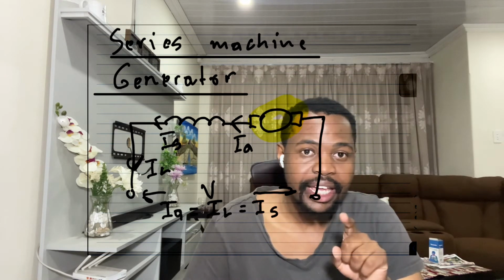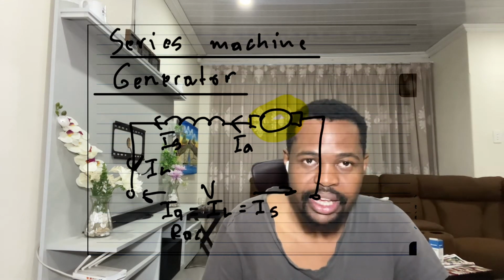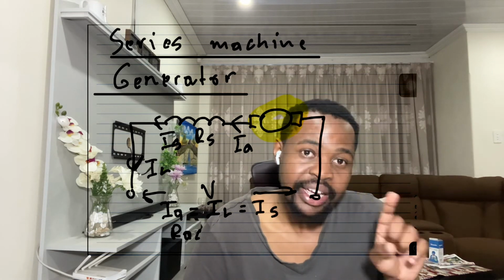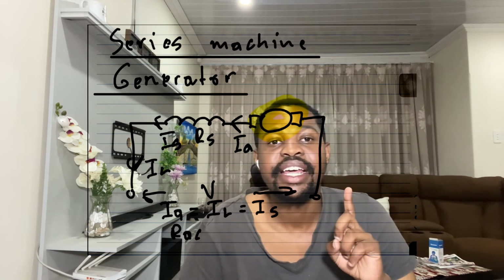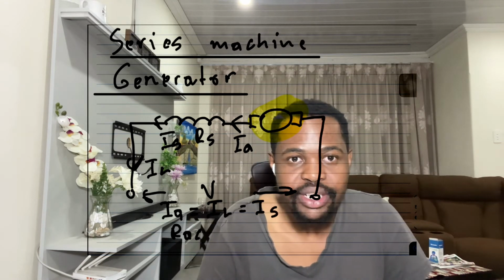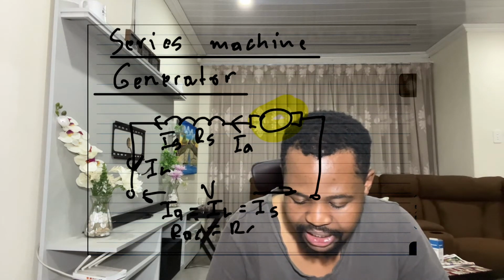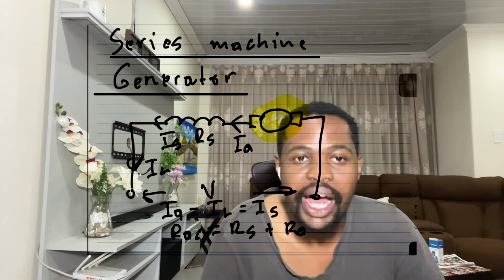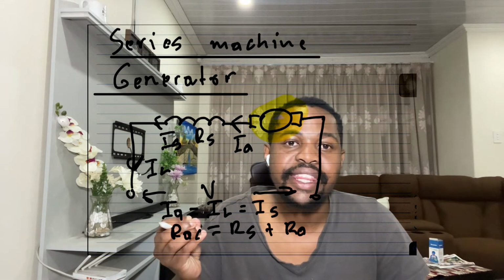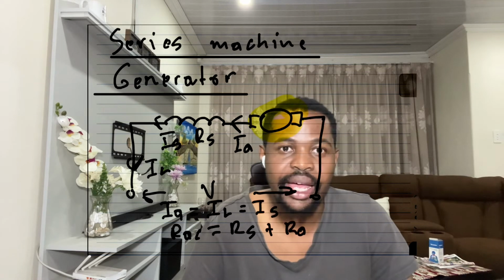Then the armature circuit resistance, let me write it as RAC. Remember, even the series field winding has resistance. So the armature circuit resistance is equal to RS plus RA. Why, guys? It is because the armature and the series field winding are connected in series with each other.